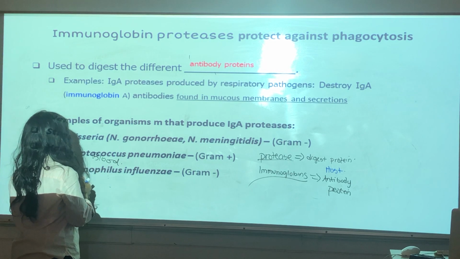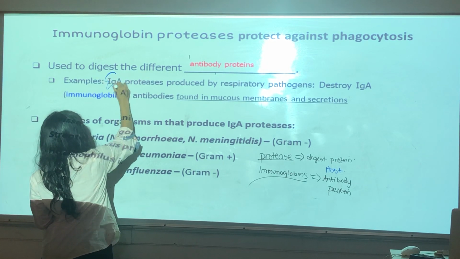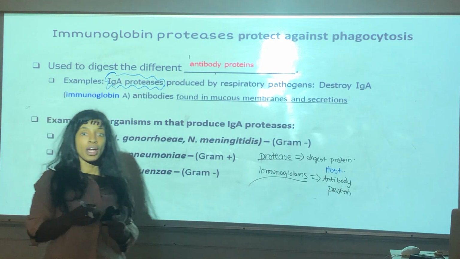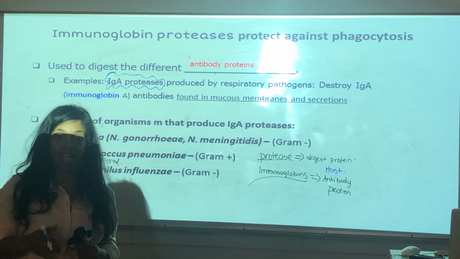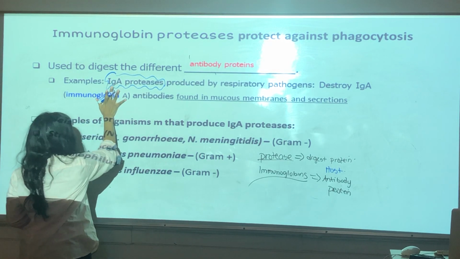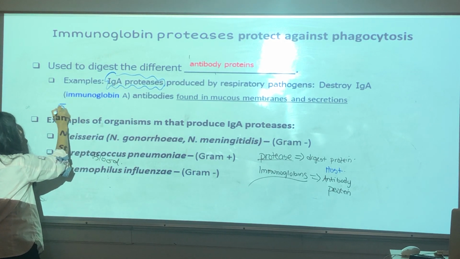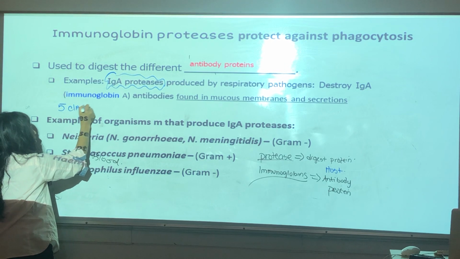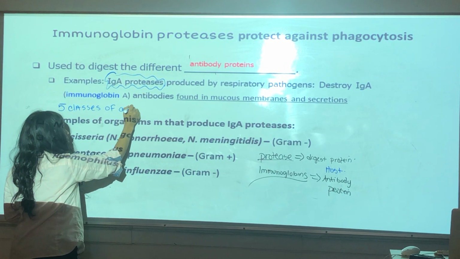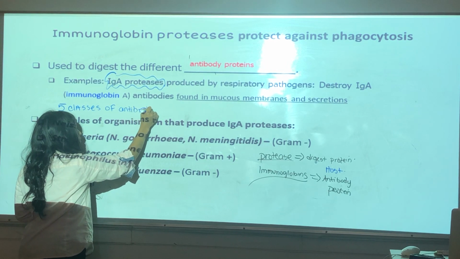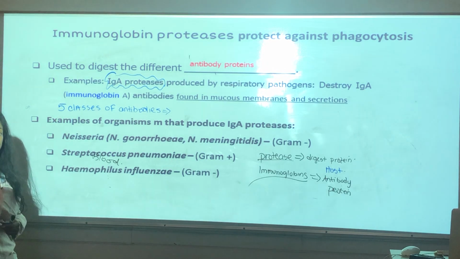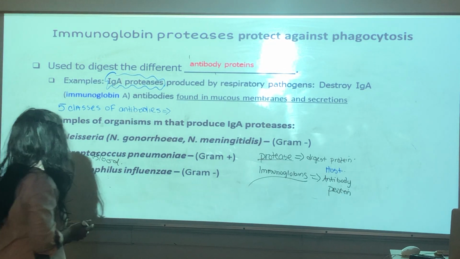This IgA protease is going to be specific for digesting your IgA antibody. And there are different types of antibodies; this is just one of them. There are 5 classes of antibodies. So what are the 5 classes? We have IgA here.